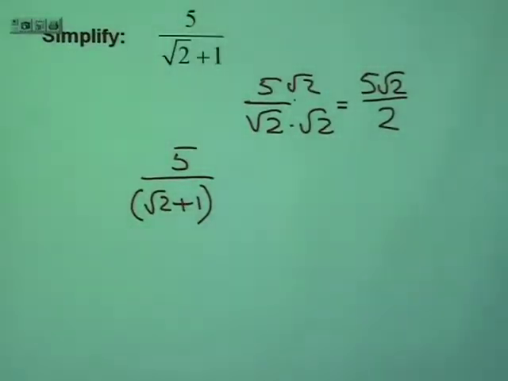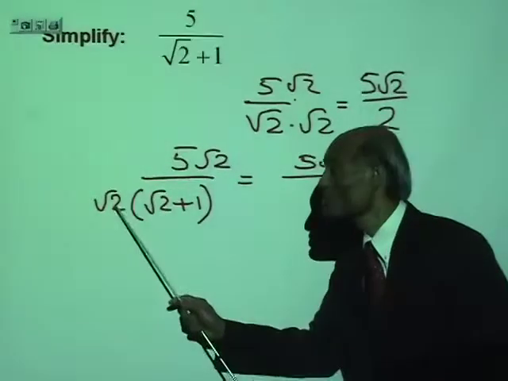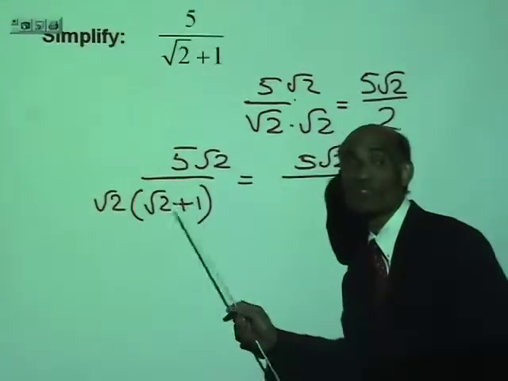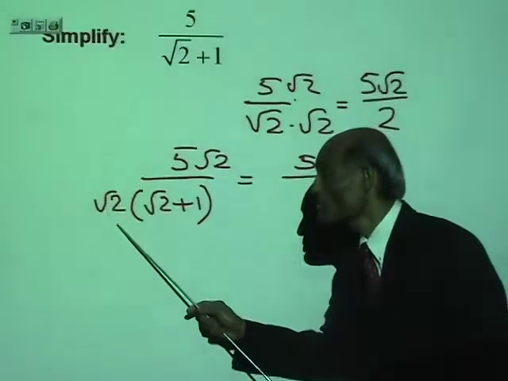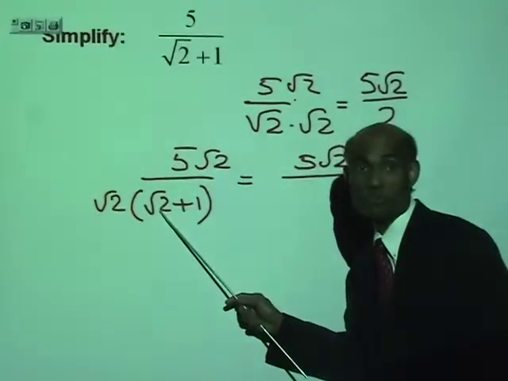Suppose I multiply square root 2, denominator and numerator. What is this now equal to? The numerator is 5 square root 2. The denominator, you need to multiply the square root 2 with each of these. So, you get square root 2 multiplied by square root 2 will be a 2.